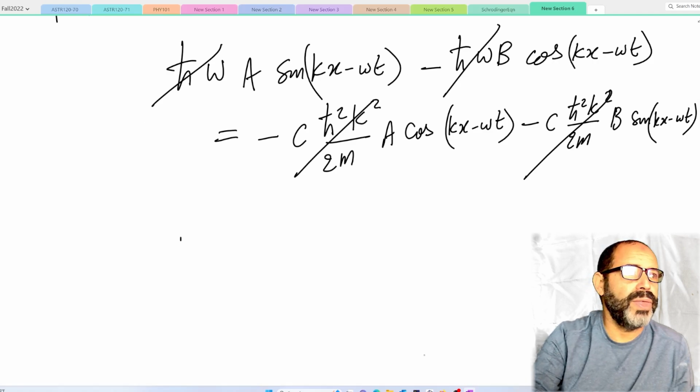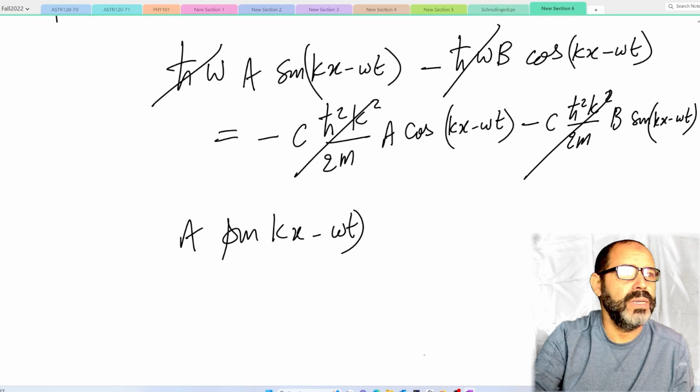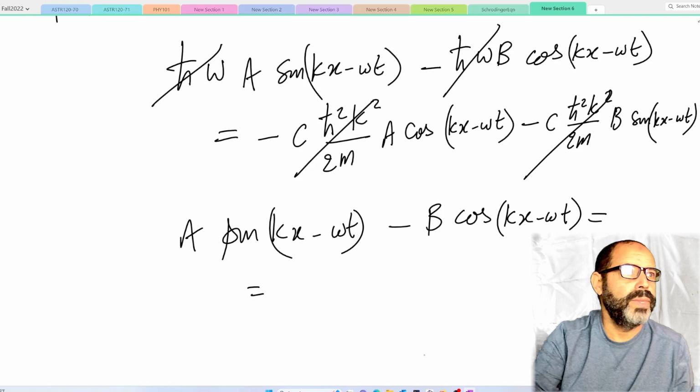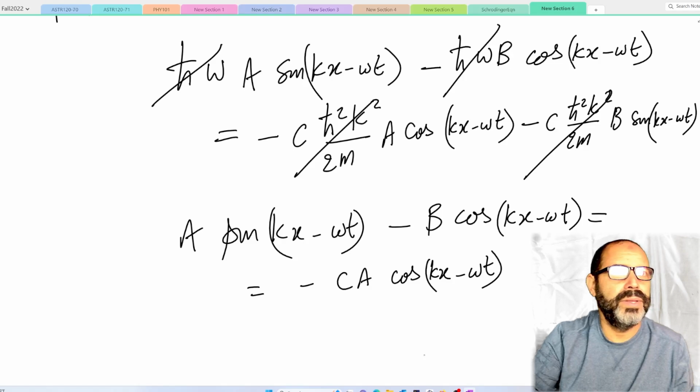So what we were left with is a sine of kx minus omega t minus b cosine of kx minus omega t is equal to minus c times a cosine of kx minus omega t and minus cb sine of kx minus omega t.